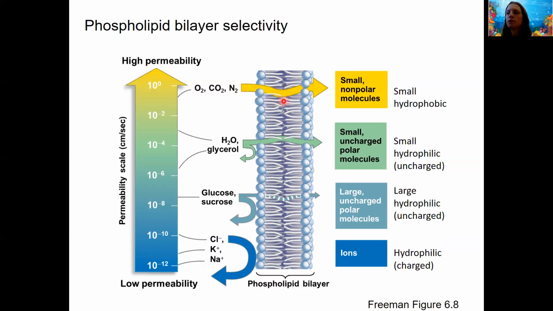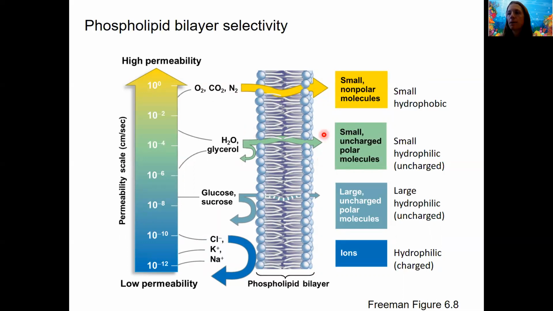It's not going to be energy stable going through this hydrophobic core. There's resistance there, oil and water. So these small things can pass through because they're small and they're hydrophobic. They can just sneak on through there, no problem. So oxygen, carbon dioxide, nitrogen, this is going to be important for respiration.